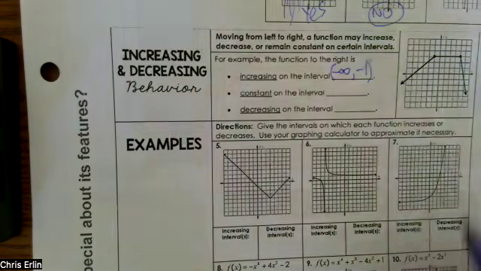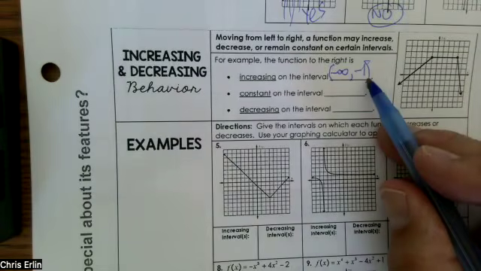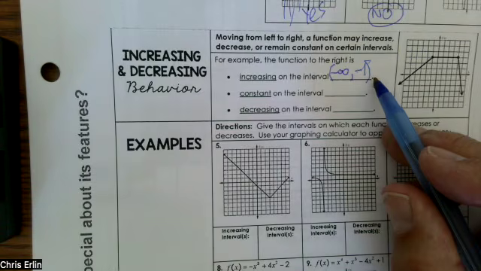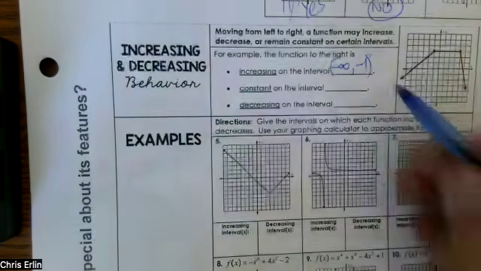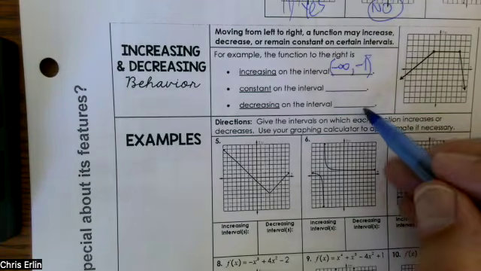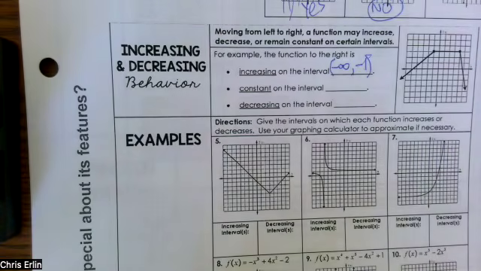Now, a fine point is that a function isn't increasing or decreasing at a point. It's increasing or decreasing from one point to the next. So therefore, always with increasing functions, we'll have the soft brackets. Just like with decreasing functions, we'll have the soft brackets. Even though there's a dot there, we're not saying that it increases within that dot.